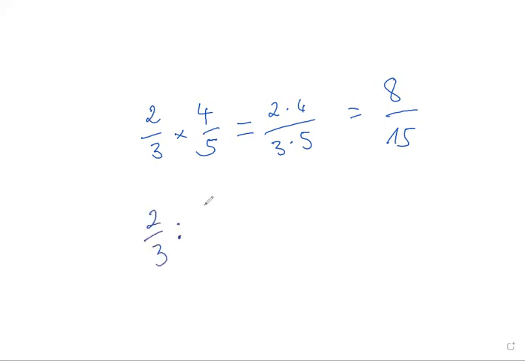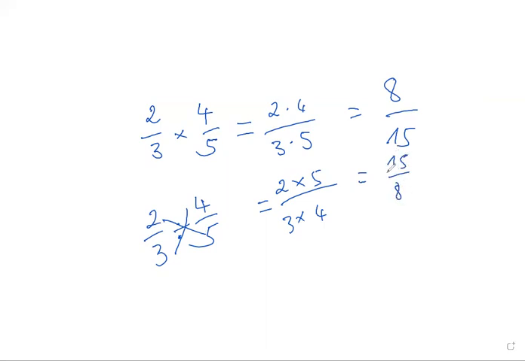Now, what about division? 2/3 divided by 4/5. This one is interesting. You do cross multiplication. Top left times bottom, so 2 times 5 divided by 3 times 4. What you should understand here is that dividing something is actually multiplying by the flipped version.